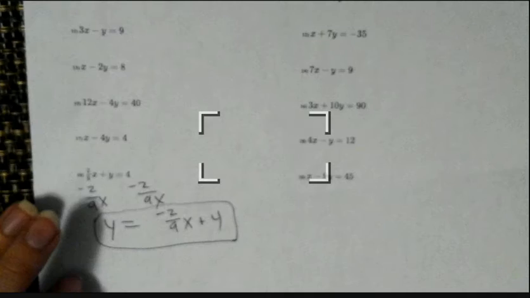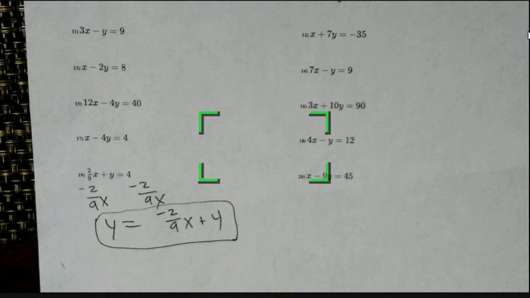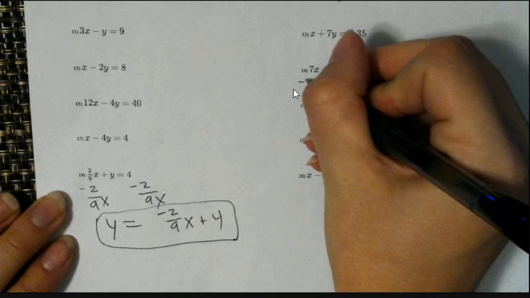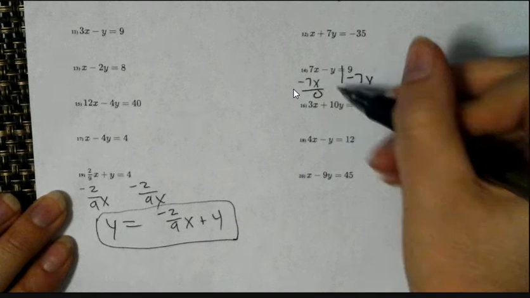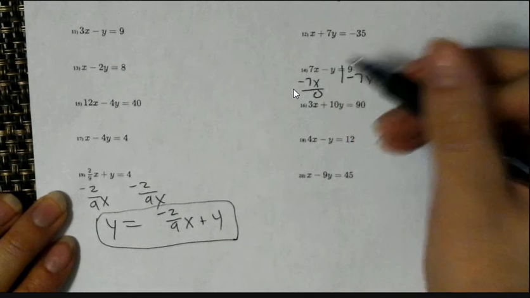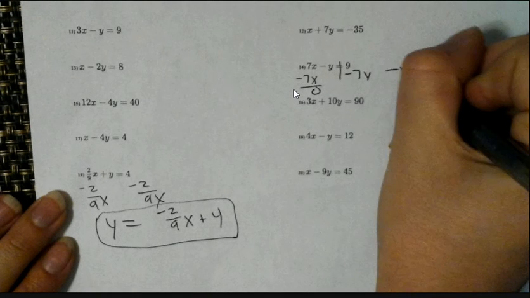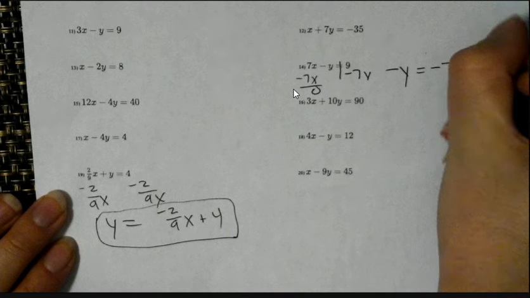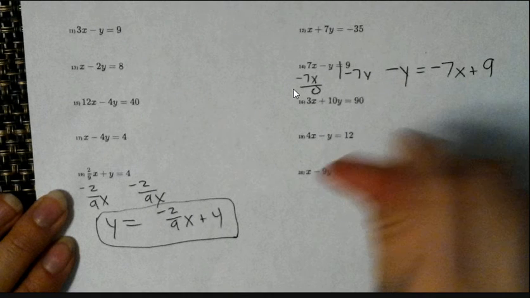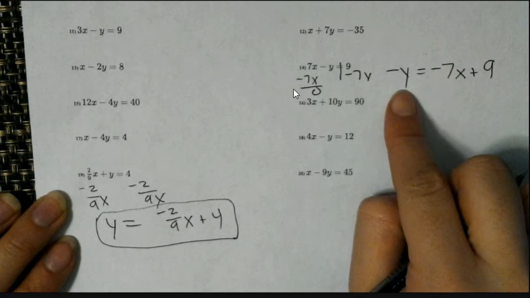Okay, so I'm going to do one more example because there's one more thing I forgot to mention. Sometimes, like in number 14, when we subtract, I know I'm going to subtract 7x from both sides. But I'm not just left with y when I do that, I'm left with negative y because of that minus sign. So I get negative y equals negative 7x plus 9. So is the y by itself yet?